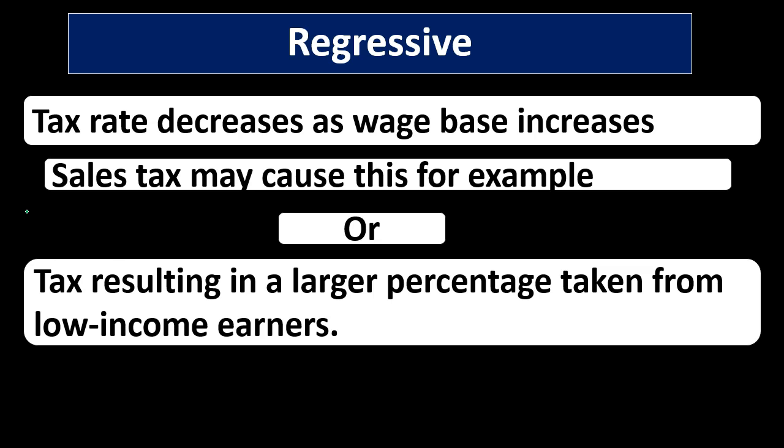However, the higher income person is going to put some of that money in the bank and not be spending all of the money, and therefore they're going to be paying 10% on only the money that they spend. That's why it's going to be a regressive tax, because the low-income individual is going to be paying tax on all the money that they spend, and the high-income individual is going to be putting some into savings.